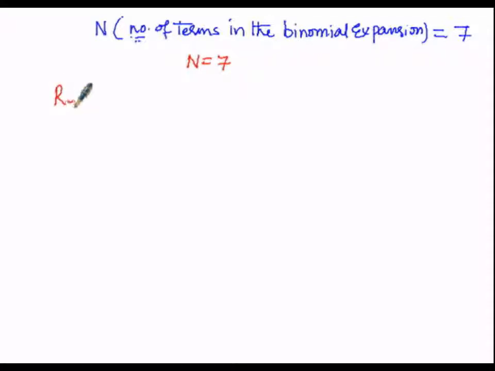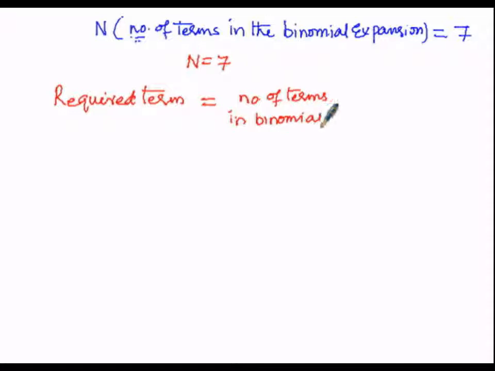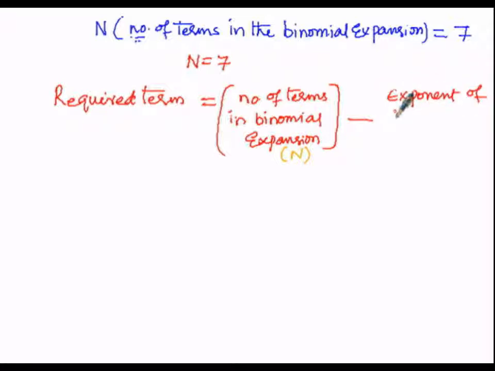The formula for the required term, in which x cube occurs, is given by the number of terms in the binomial expansion, that is capital N, minus the exponent of the variable of the particular term.